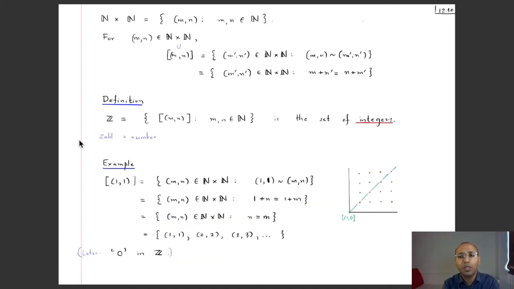The integers will be equivalence classes under the equivalence relation that we have just discussed. So let's see what the equivalence classes look like. As usual, N times N is the Cartesian product of N with itself, and it's the collection of all ordered pairs (m, n), where m and n are natural numbers.